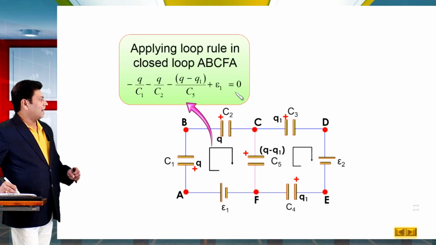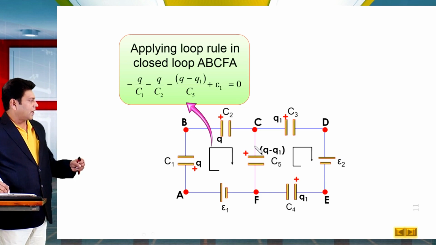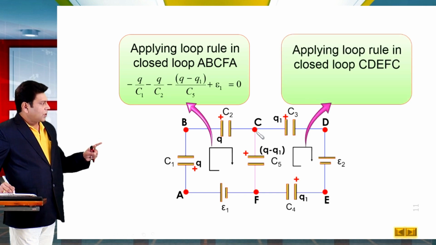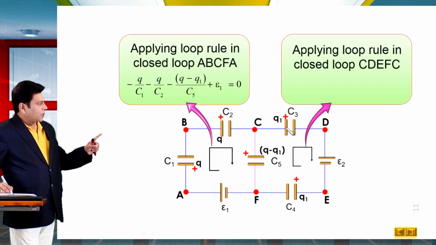We required one more equation. So, let us take this closed loop, that is C, D, E, F, C, and let us move in this closed loop again in the clockwise direction. So, while moving from C to D, we need to cross this C3 capacitor. That means we will move from positive to negative plate.